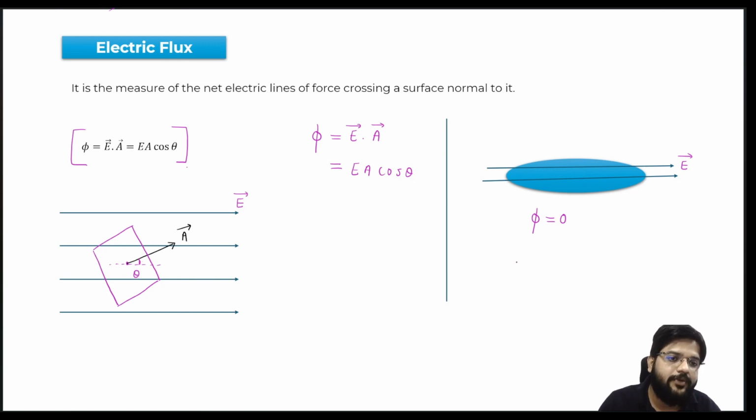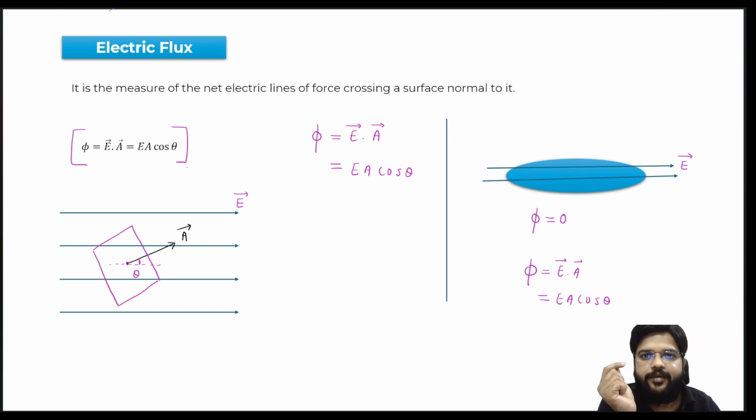So the formula is what? Mathematically, if you see it, everyone, phi equal to E dot A. All right, remove this dot product sign, then we have cos theta, and theta is what? It is the angle between the electric field and the area vector. So this is the direction of the electric field, and if I make the area vector here, it is normal to the surface.